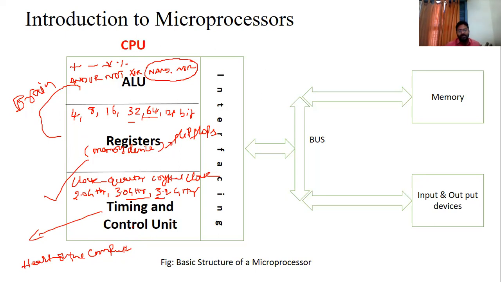Likewise, this timing and control unit is connected to each and every part of the microprocessor, the CPU, and at the same time to the outer side of the device, to control it. How is it controlled? In our human body, the heart pumps blood to keep us alive.